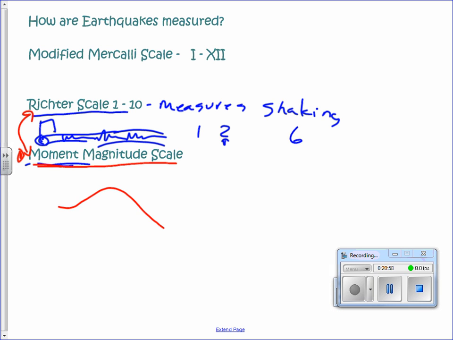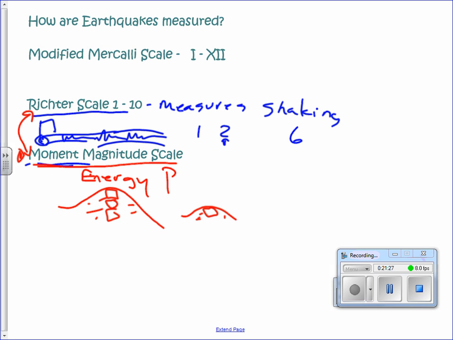But that one, and they were talking about this on the video too, it actually moves up by 30. It's a logarithmic thing. But if you think about, if this is a 1, if you're making the wave, and then this is 3 bricks, the area under the curve doesn't just go up in a linear manner. So anyways, the Richter scale, moment magnitude scale.